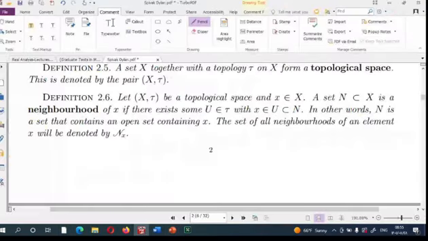So please note that a neighborhood is a set N of X such that there exists an element of tau, such as U, with this property. This open set must be within X and N.